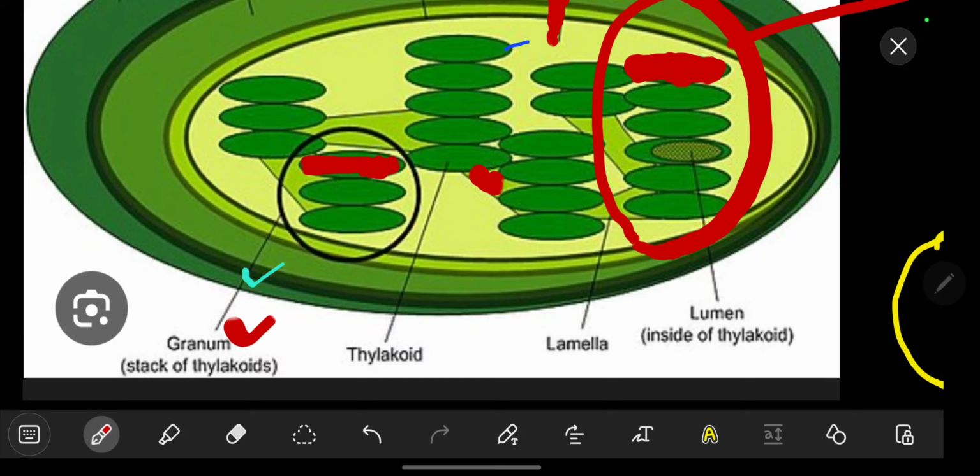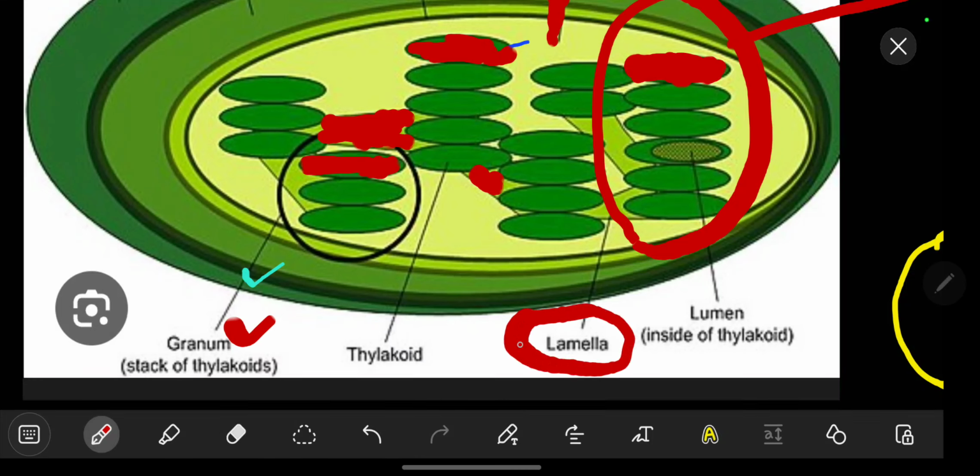Now the thylakoid is where the chlorophyll is embedded, so it is responsible for the absorption or trapping of light. Then the grana are joined by this thing that we are going to be calling the lamella.